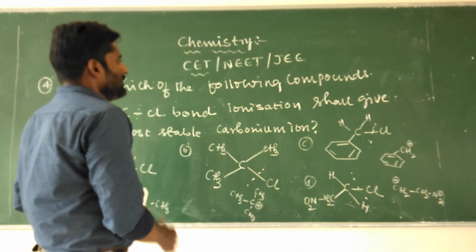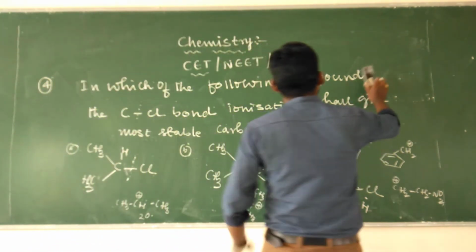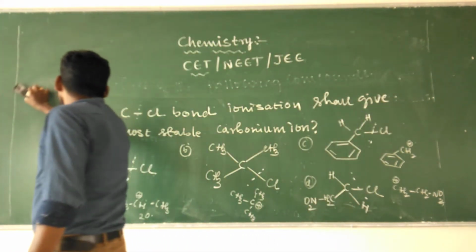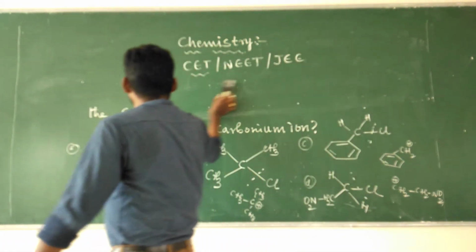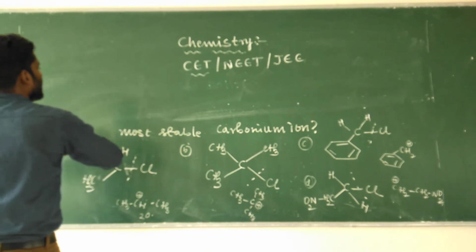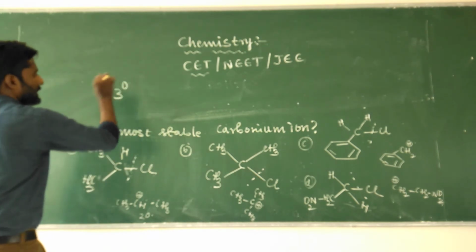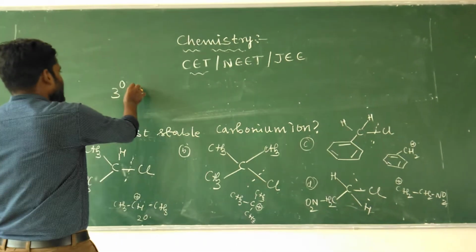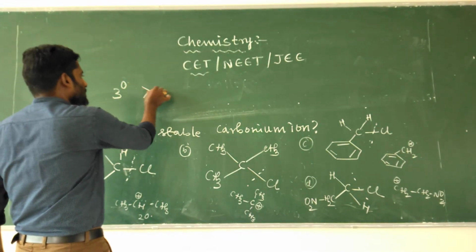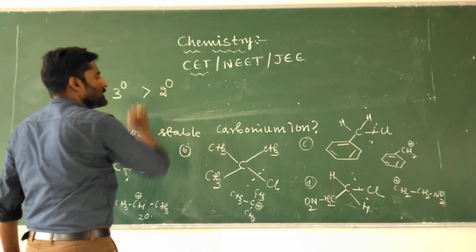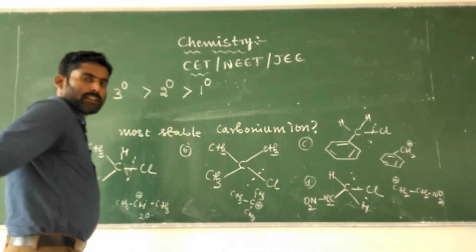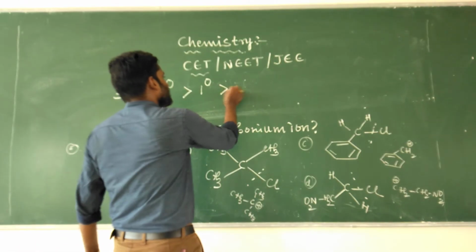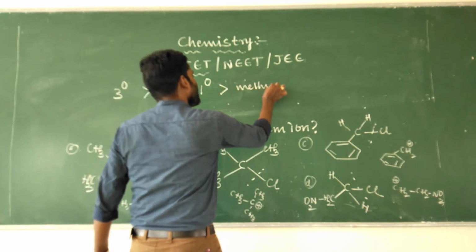You know very well the stability of carbocations. The order of stability is 3 degree, tertiary carbocations, more stable than 2 degree, secondary carbocations, then primary 1 degree, then the methyl carbocation.